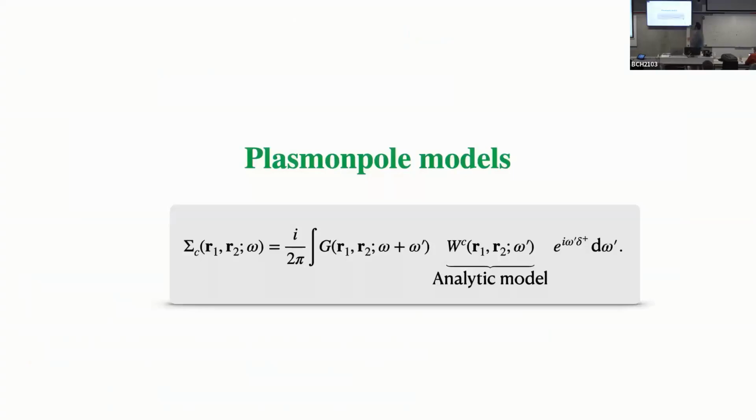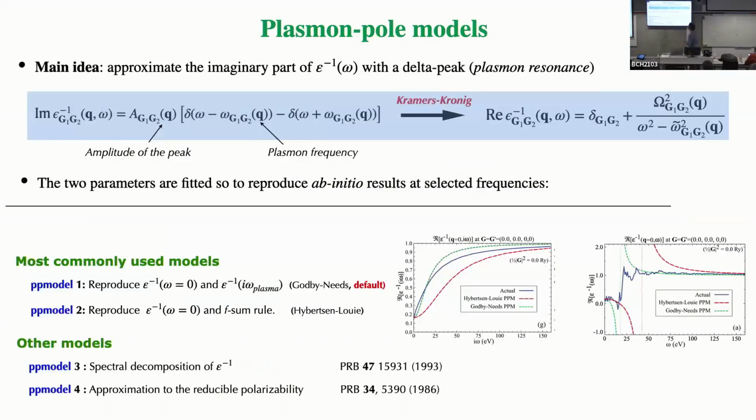Now I would like to discuss in more detail this plasmon pole model, because it's important and there are advantages and drawbacks. The idea is to model the frequency dependence of epsilon minus 1, so that we have a model that allows us to obtain epsilon minus 1 everywhere along the real axis.